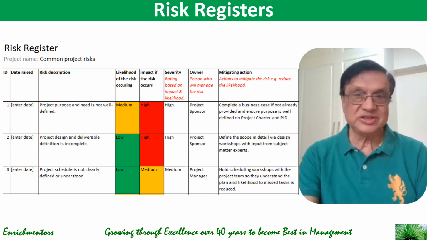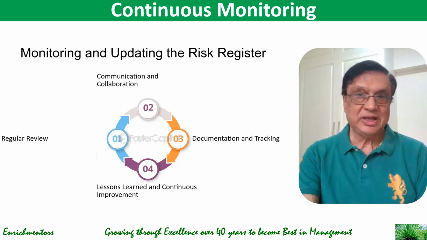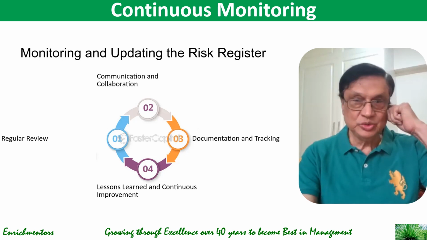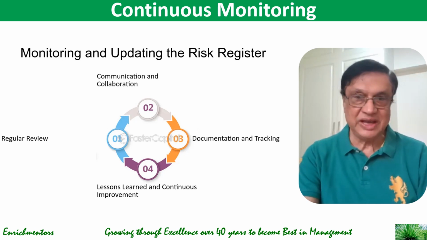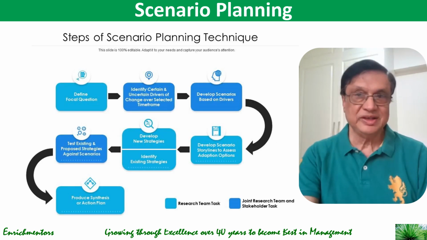So create a risk register to systematically document identified risks, their impacts and likelihood. Regularly review and update the risk register throughout the project life cycle. You need to take the steps as you see here: regular review, communication and collaboration, documentation, and lessons learned and continuous improvement. So monitor and keep updating your risk register.